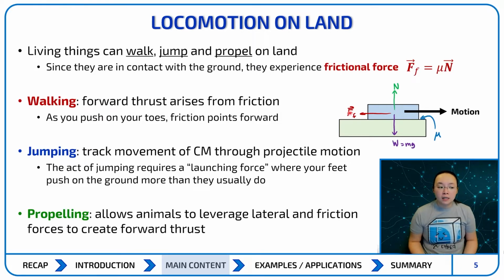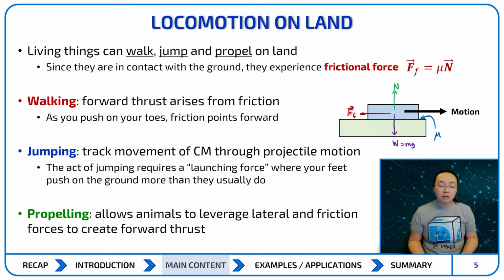To generate a forward thrust from lateral forces, they would use undulations, or basically the creation of transverse waves that go throughout their body in order for them to move. And then if they choose to use friction forces, then they're exhibiting something called rectilinear motion.